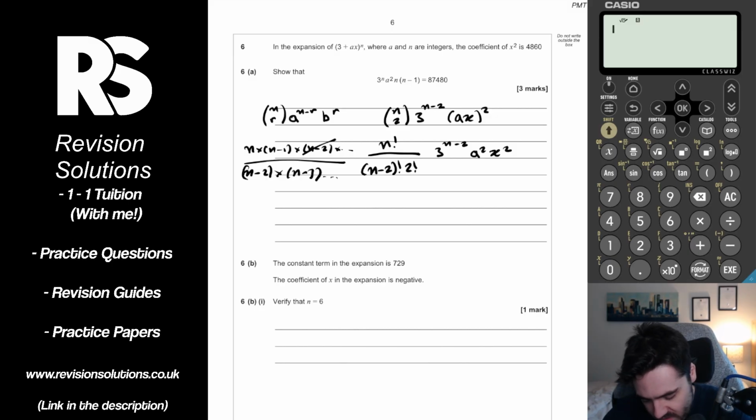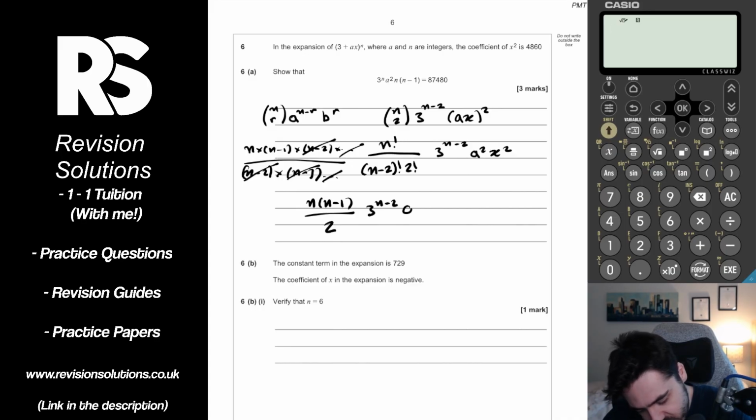So everything below n minus 2, including n minus 2, cancels, and we're just left with n times n minus 1. So if we look at this coefficient, then what are we going to have left? We'd have n times n minus 1 over 2 factorial. That's just 2 times 1, so just 2. Then 3 to the n minus 2 times a squared. And they say that coefficient of x squared is 4,860.